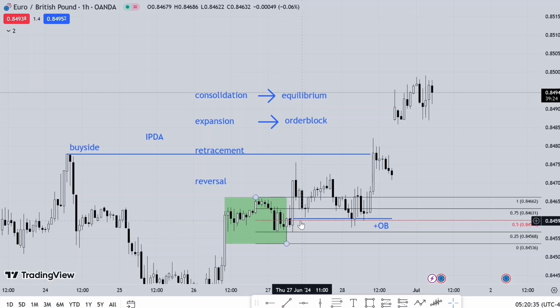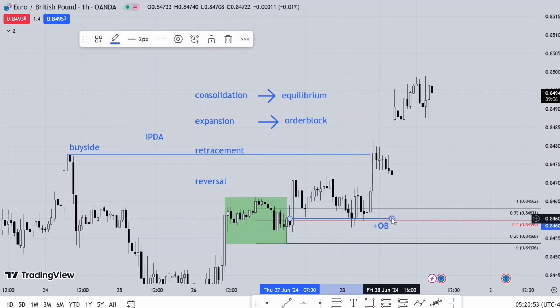There's criteria to this. The down close candle inside of the consolidation phase at an equilibrium price point is your order block. So let's go over to the next.